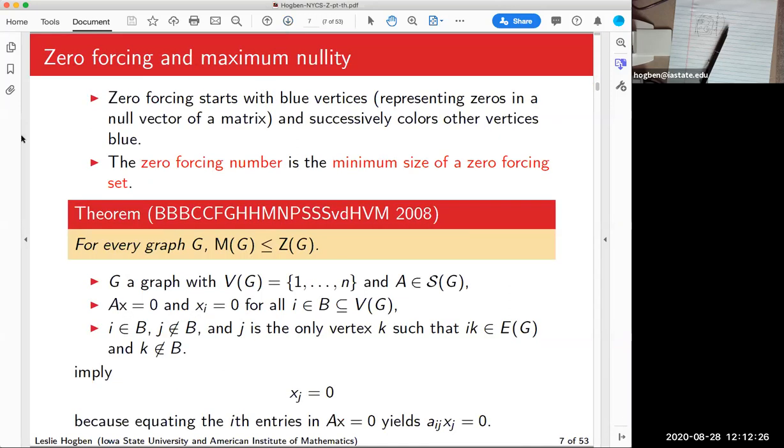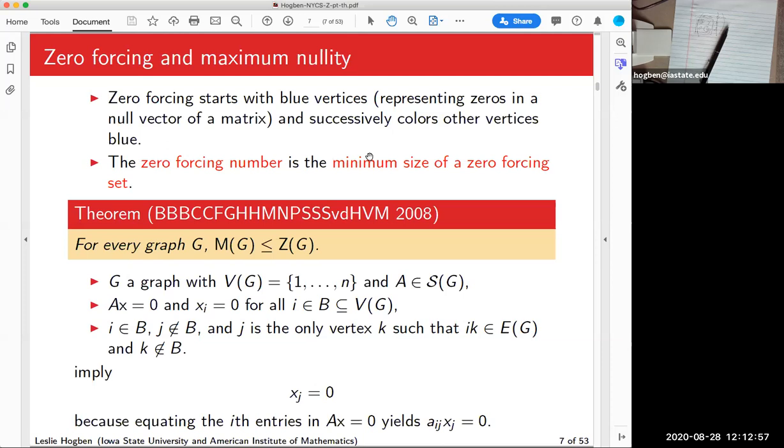So what's the connection between zero forcing and maximum nullity? It's in this theorem here, with this extremely long list of authors, and this paper is normally known as AIM 08. There was a workshop held in 2006 at the American Institute of Mathematics in which this was one of the problems investigated, and zero forcing was actually introduced in the manner we're talking about today at that workshop, although as I say, it arose independently in other contexts.